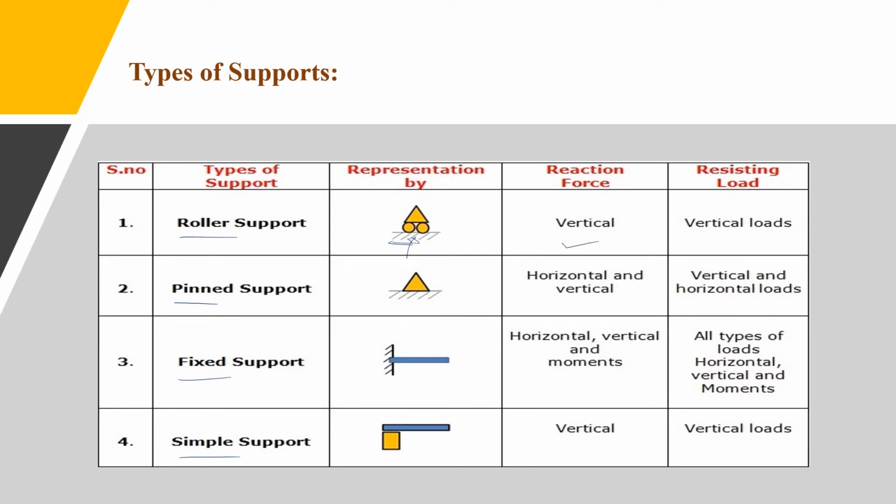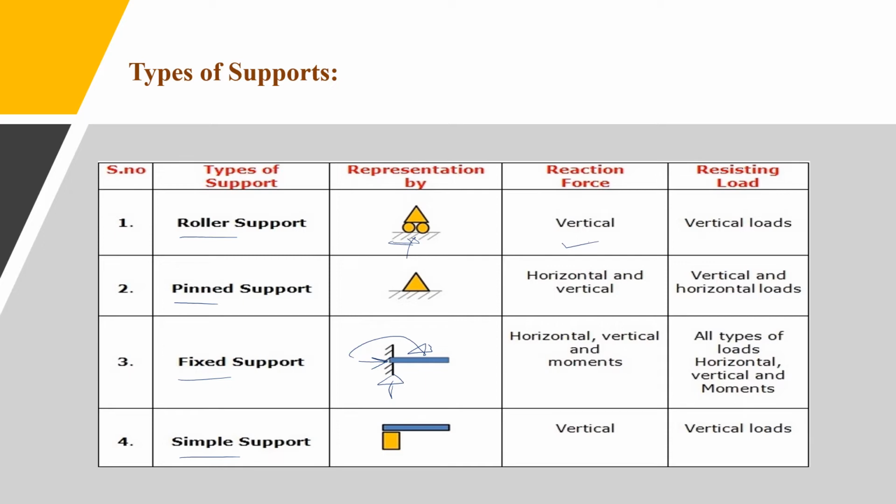And for pinned support, this pinned support is also called hinged support. For this, horizontal and vertical. For fixed support, there are three resisting forces: horizontal, vertical and moment. For simple support, it can resist only vertical loads. This is about types of supports.